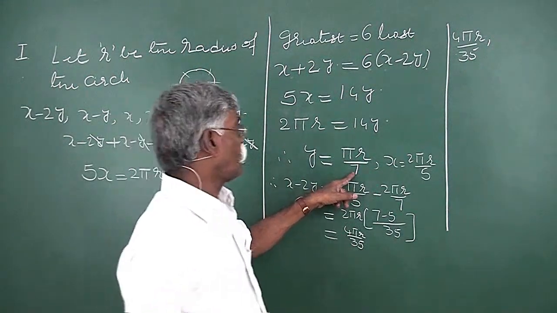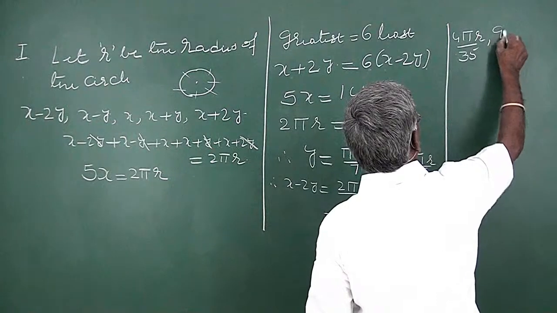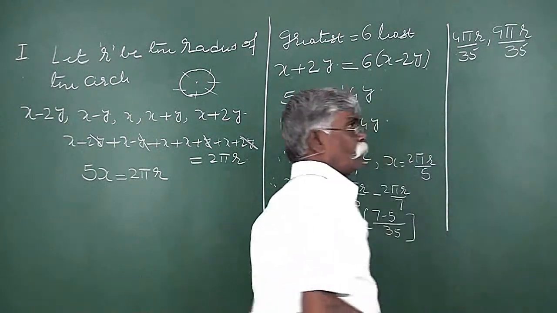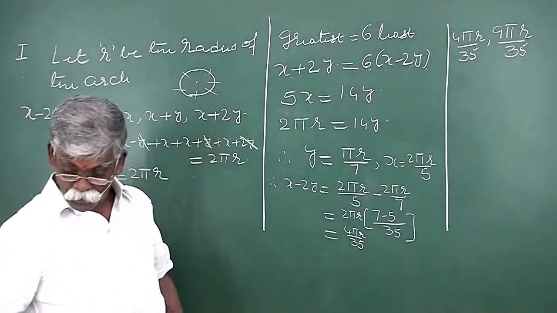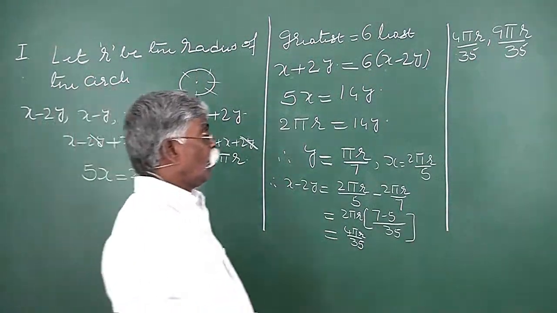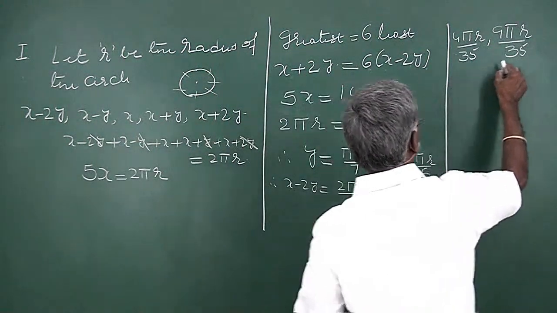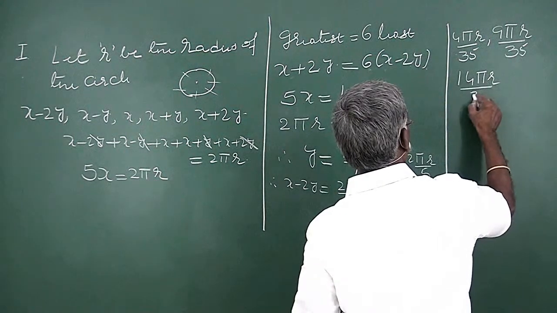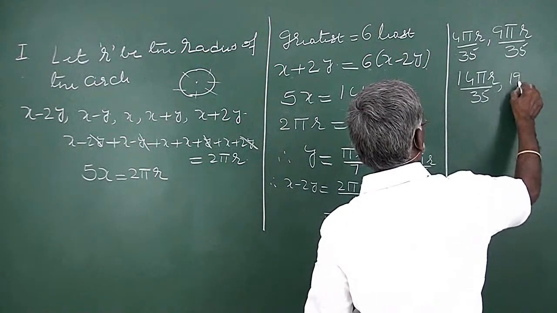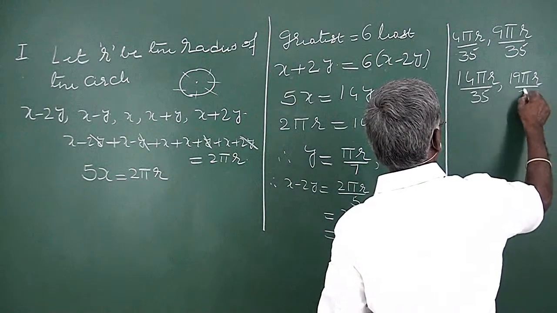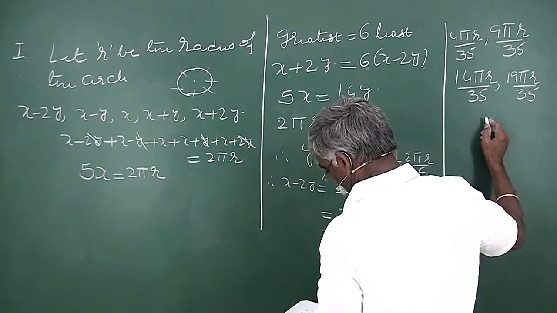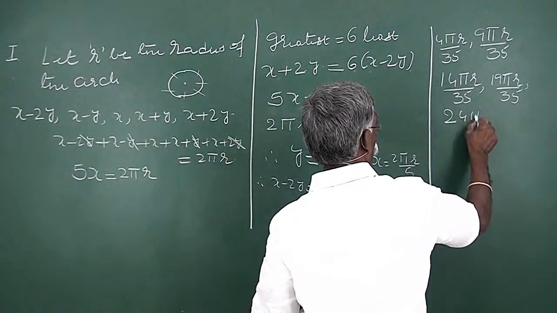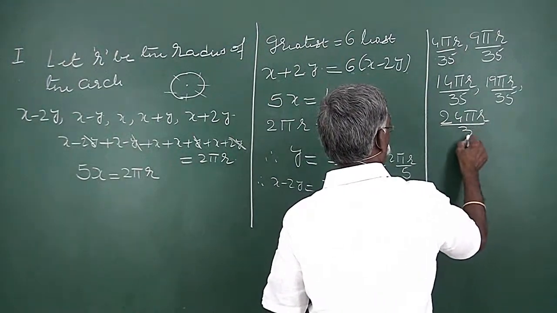When we add 5 pi r by 35, it is 9 pi r by 35. The next one is 14 pi r by 35, comma 19 pi r by 35, and the last one will be 24 pi r by 35.